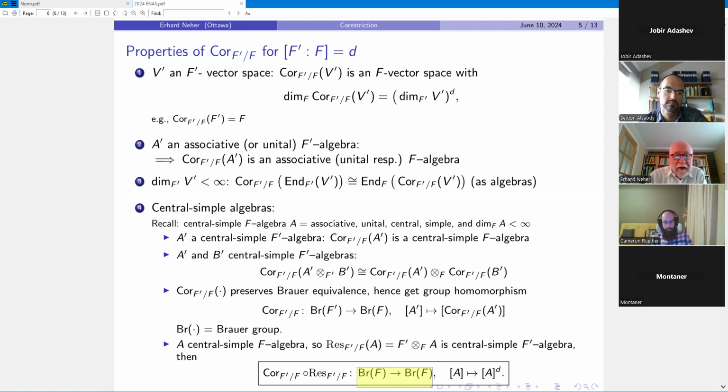And what it is, it's just the D-th power map, where I assume that F prime over F is of degree D. The D-th power map in the Brauer group, recall, is just given by taking D-fold tensor products.